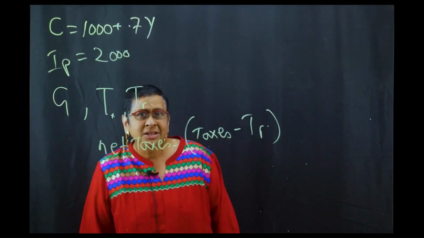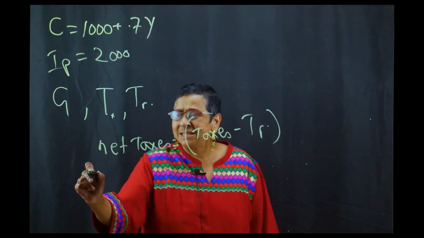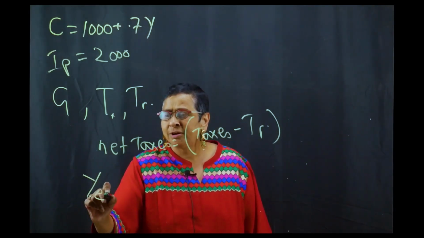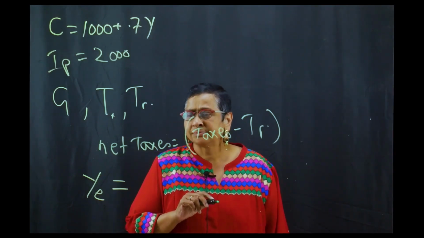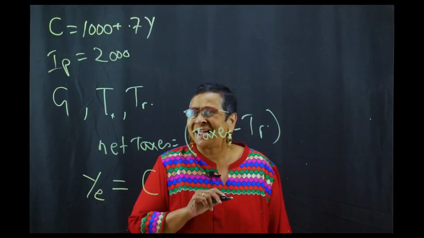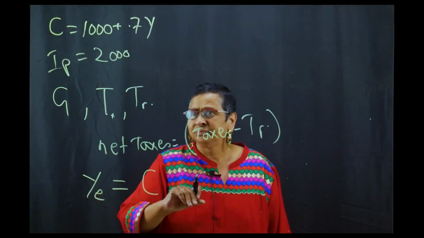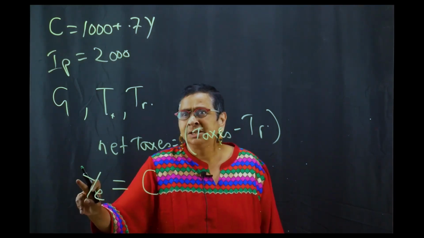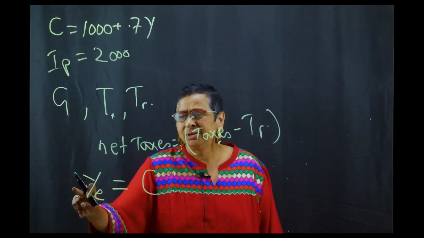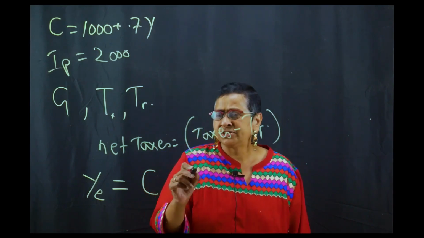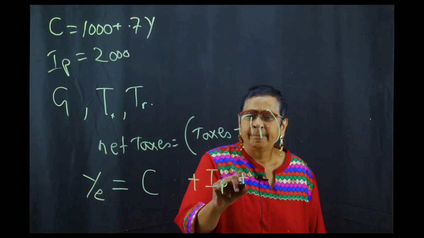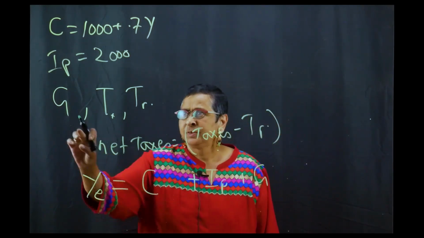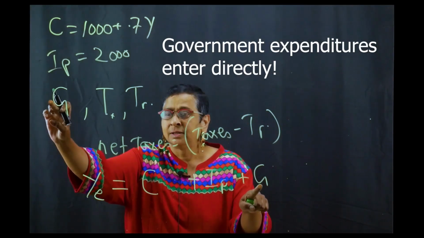And so what we begin to see is that my equilibrium is going to be modified in two ways. We know that my aggregate expenditure should be equal to income, aggregate income during equilibrium, and my aggregate expenditure is C plus IP plus G. So the G enters there.